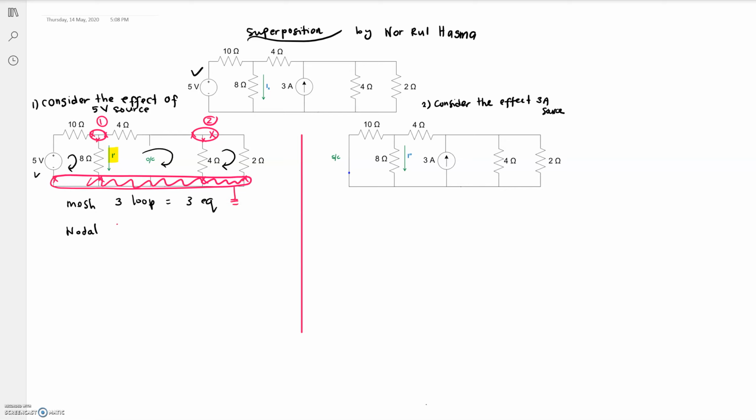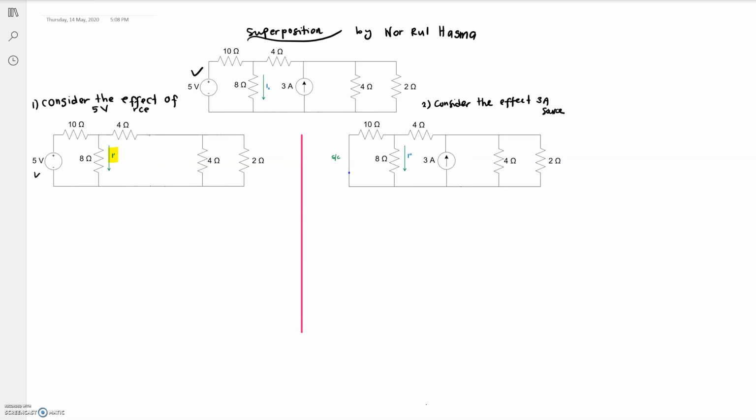So 3 nodes minus 1 ground becomes 2, which means for nodal, there are only 2 equations. Therefore, I will choose nodal for solving this circuit.